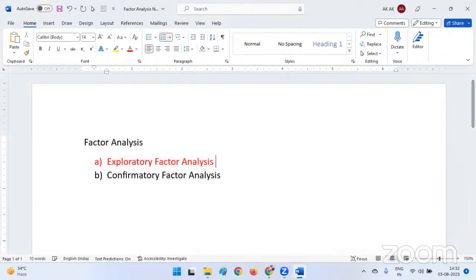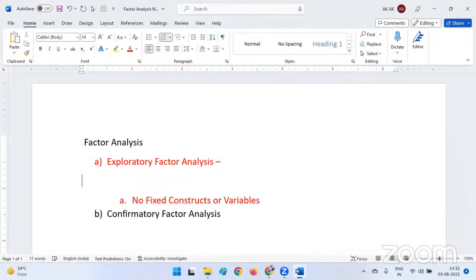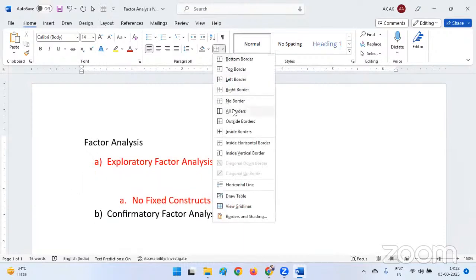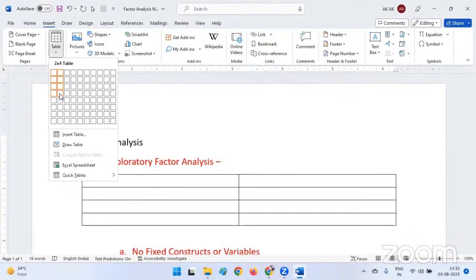In exploratory factor analysis, we do not have fixed constructs or variables. When we discuss factor analysis, the terms variable, component, construct, item and statements will come again and again. So to be comfortable, we make a table.